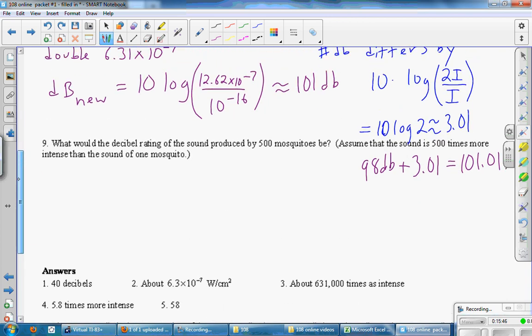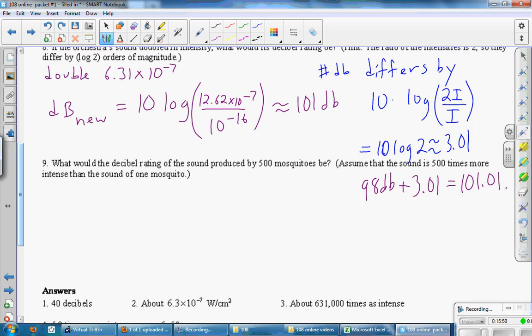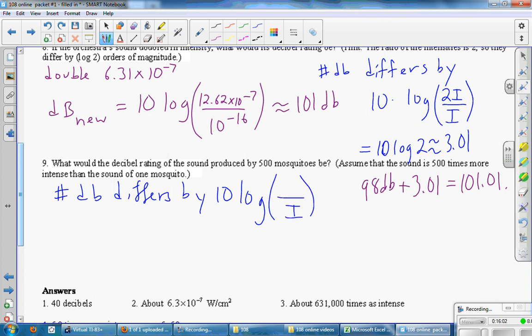So just like we wrote up there in blue, we'll write it again down here for the mosquitoes. Number of decibels differs by 10 times the log of the ratio of their intensities. So one mosquito we'll just call I. Now we've got 500 mosquitoes, 500 I. So that's equal to 10 log of 500. So we'll type that in.